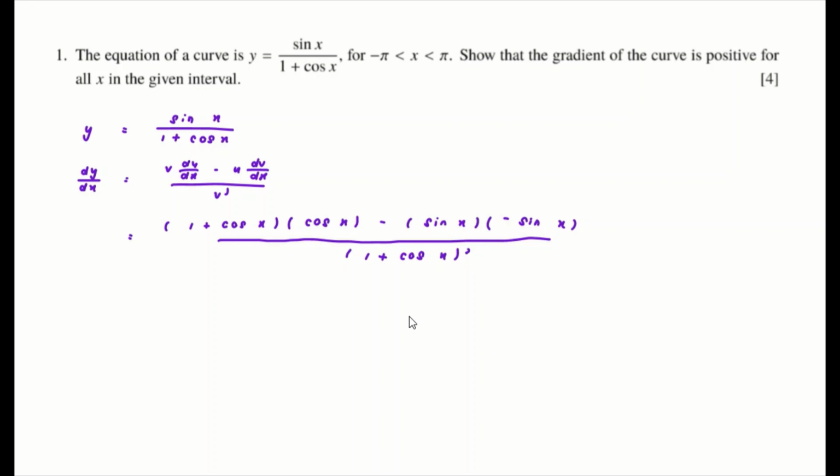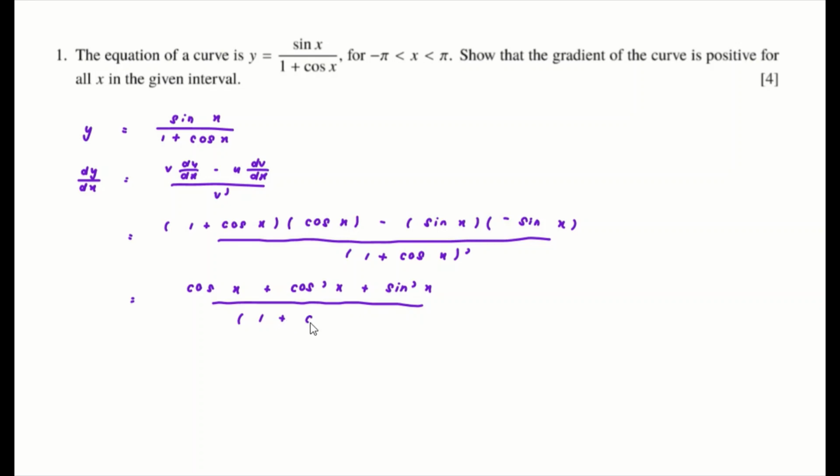After we reach here, we can continue and expand the numerator first. In this case, we have cos x plus cos squared x and then plus sine squared x. Later we can use the identity and change cos squared plus sine squared to 1.